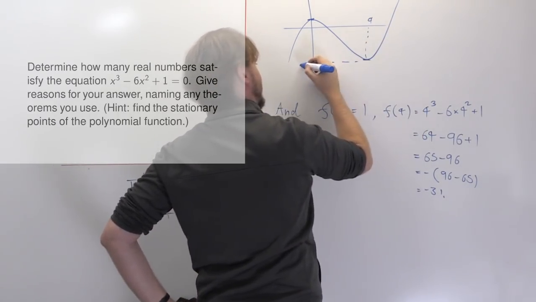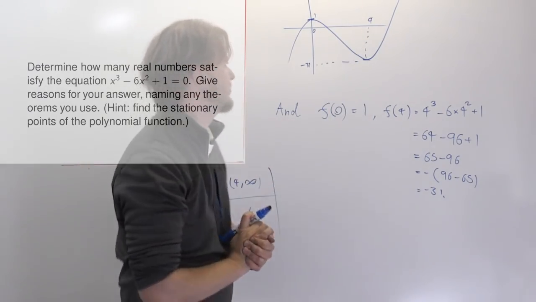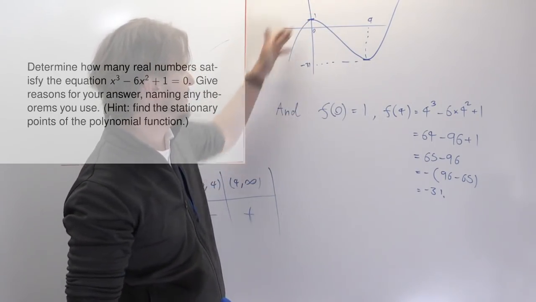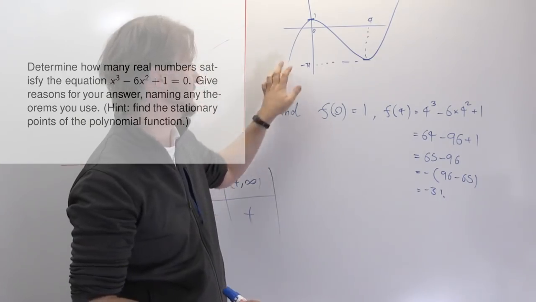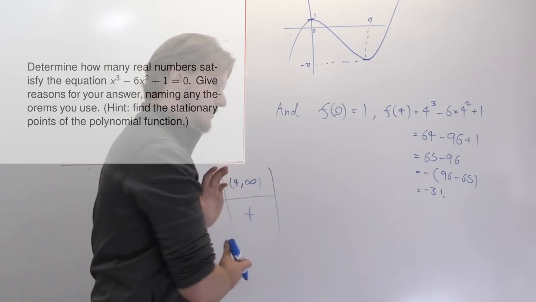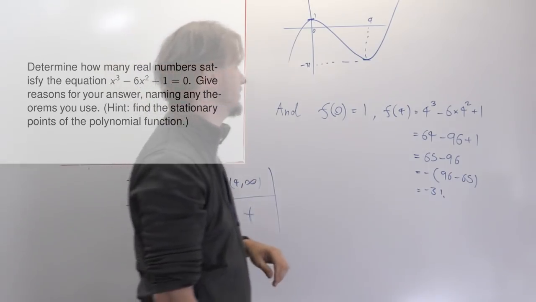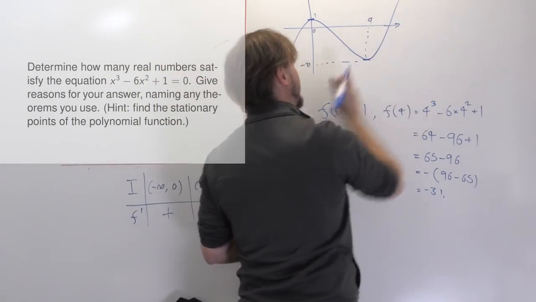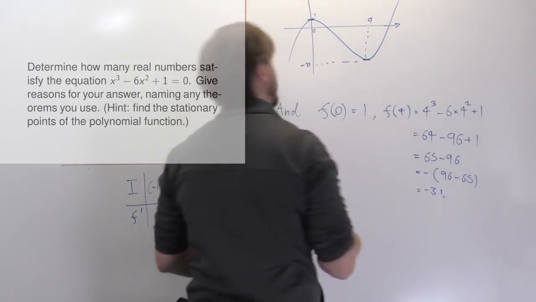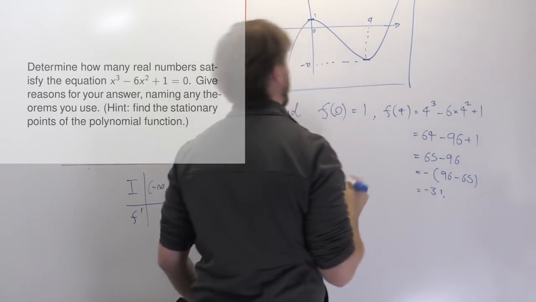This diagram is widely not to scale, but that doesn't really matter. We can see there's a change in sign here. For cubics, you know that for very large negative numbers, they are negative. So I don't really want to go through and find a number which gives me a negative number. I know one of them will exist.